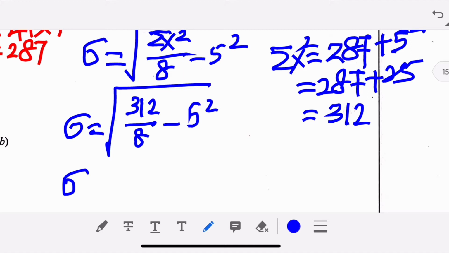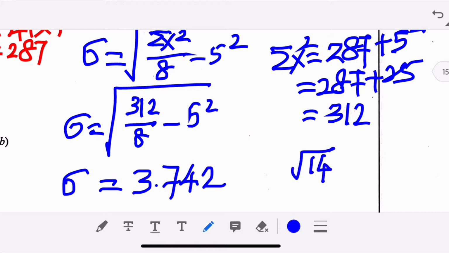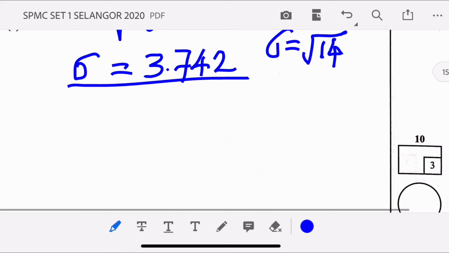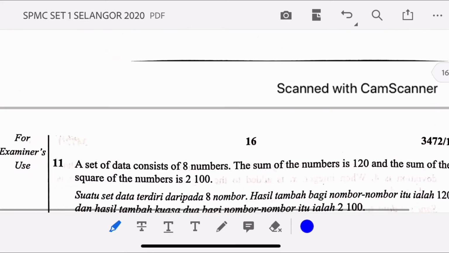So you square root the answer, which is equivalent to 3.74165. In fact it's square root 14, right? But we want the answer in 4 significant figures. So that's the right answer. Okay, so now we have solved the statistics.